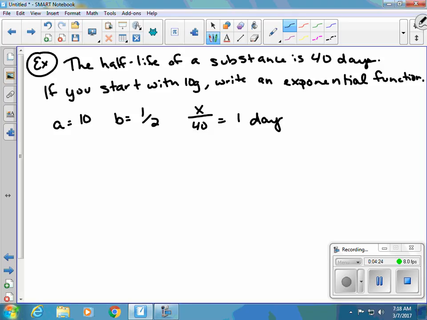So we can now write our exponential function. It's going to be f of x equals 10 times a half to the power of x over 40.